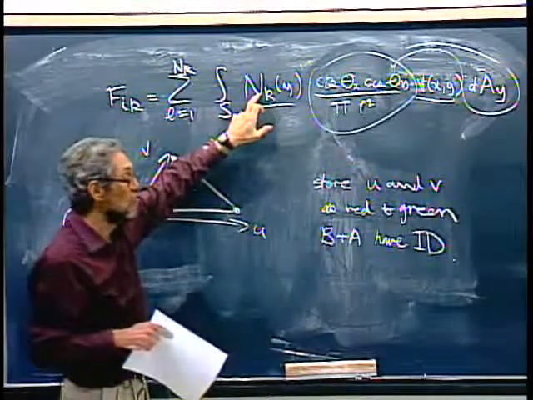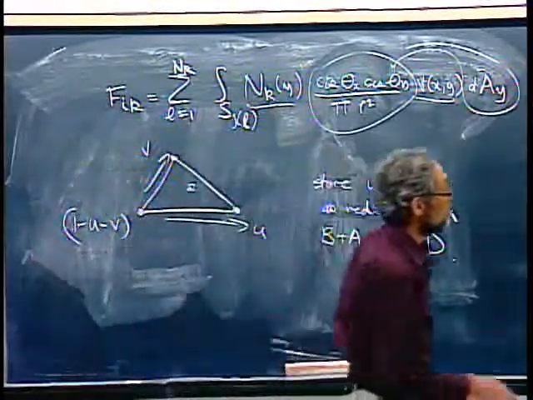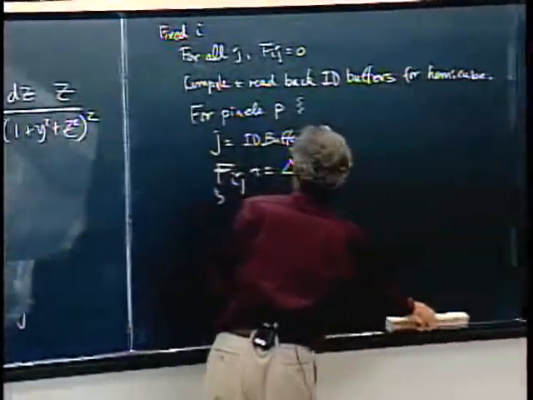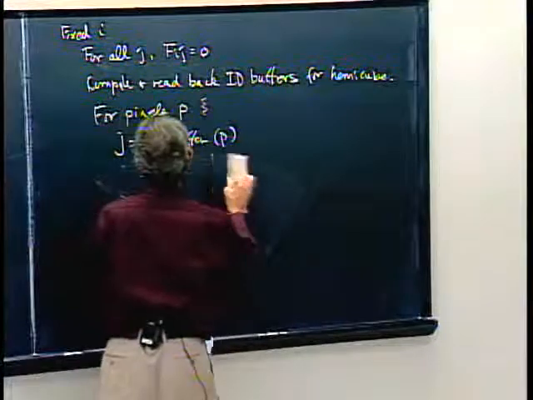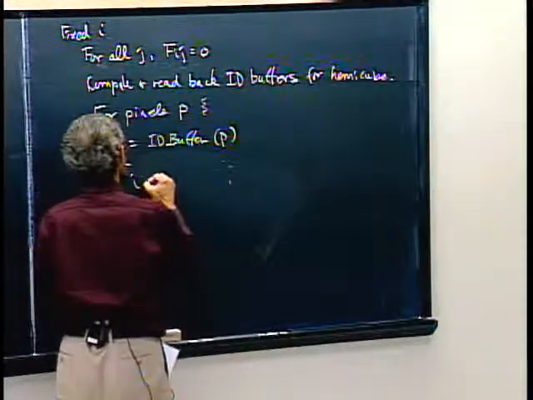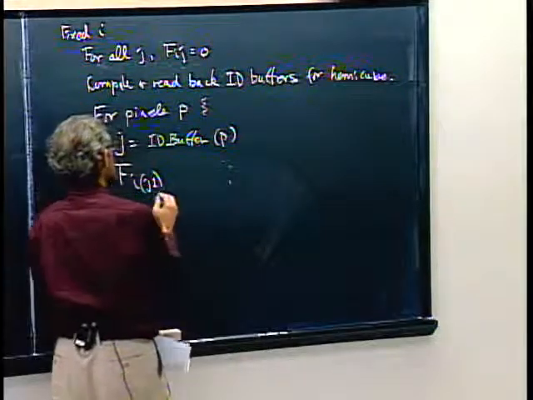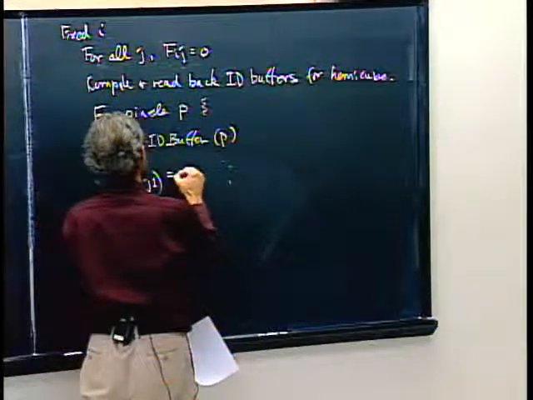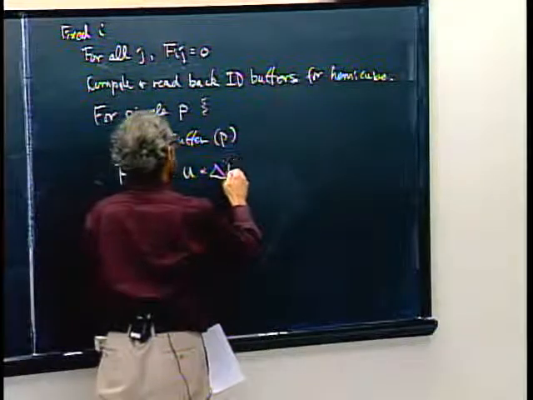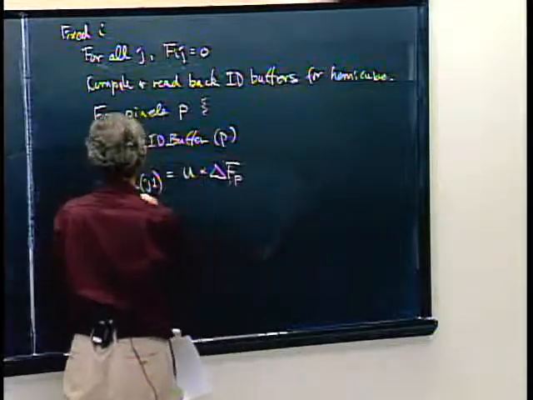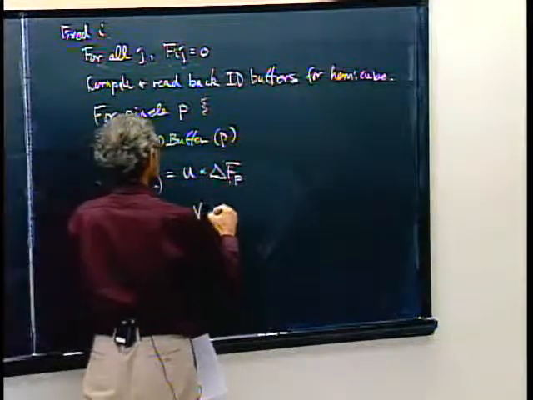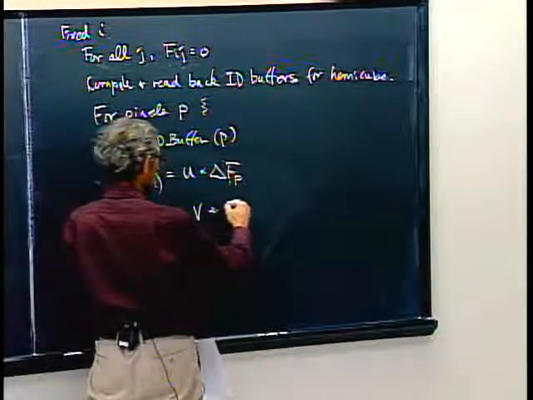And so you can do a similar thing: for that pixel, instead of just incrementing by 1, you're going to say F_i,j1, where that's one of the vertices of the triangle, plus equals u times delta F for the pixel, and F_i for the other vertex. You have to have a table saying which vertex is which on each triangle.